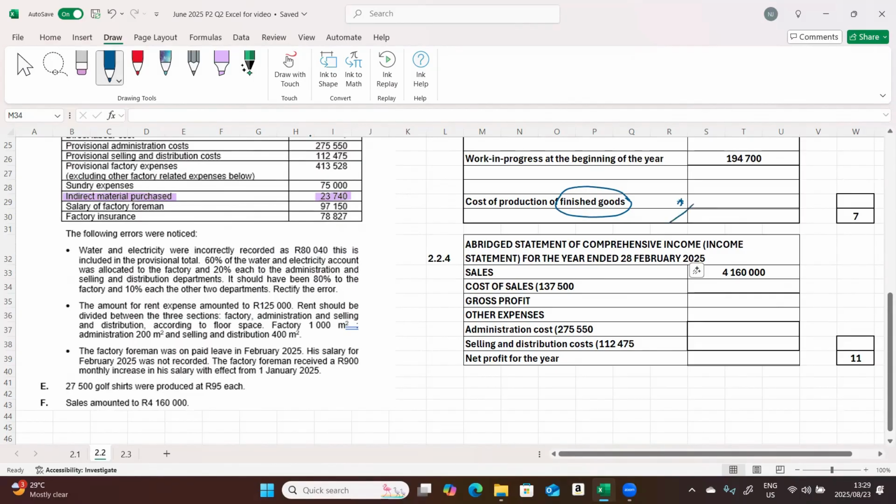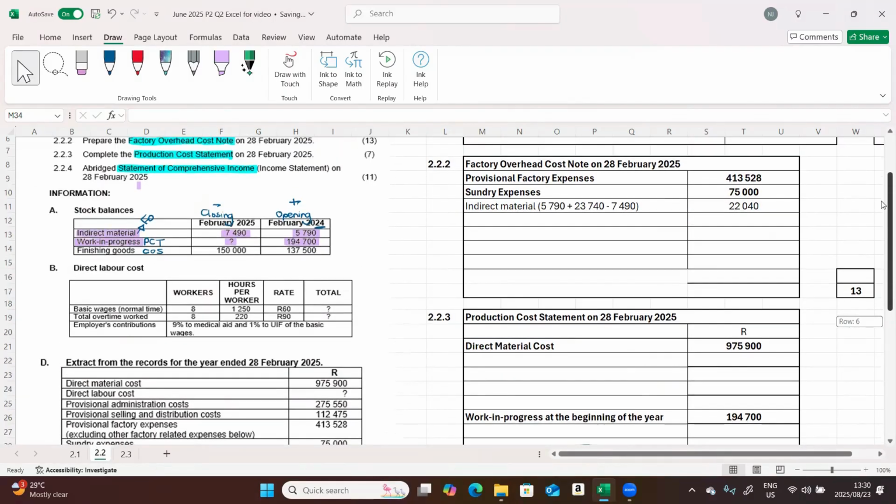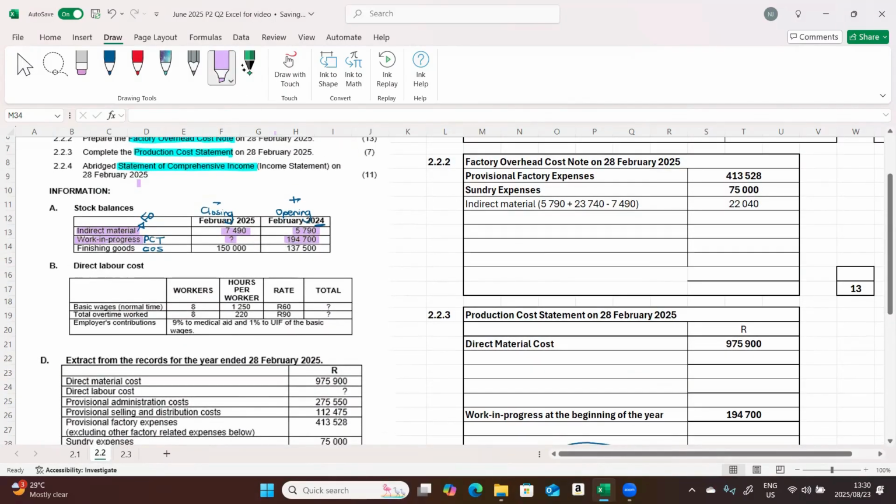So you are taking that, and that is what you are going to add to the 137,500. So we cannot complete our calculation of cost of sales yet because we are waiting for this amount over here. But for us not to lose our marks, we already have this in our calculation of cost of sales. Now we just need to add the 150,000 to our calculation.